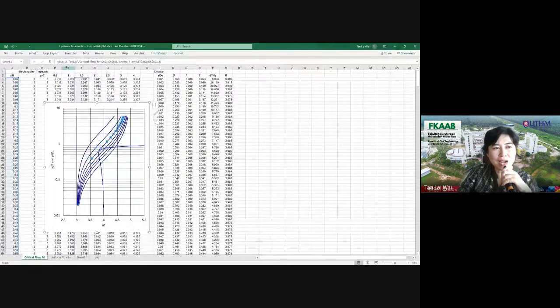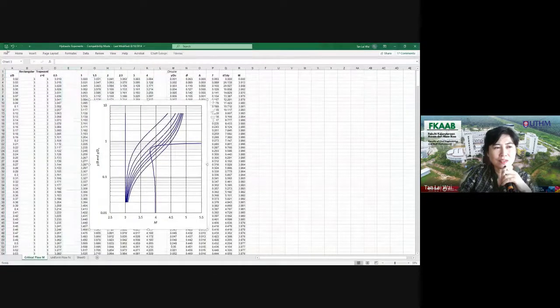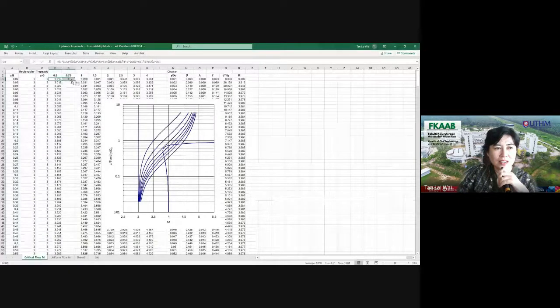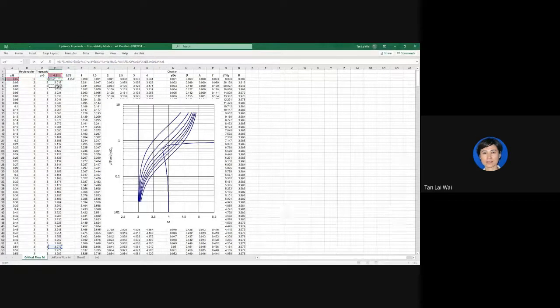Kalaulah saya tambah tengah-tengah, alright, for example, 0.7, it's okay. I have 0.75. That means, okay, wait now. I'll check first. What change? Wait now, I cannot do that.